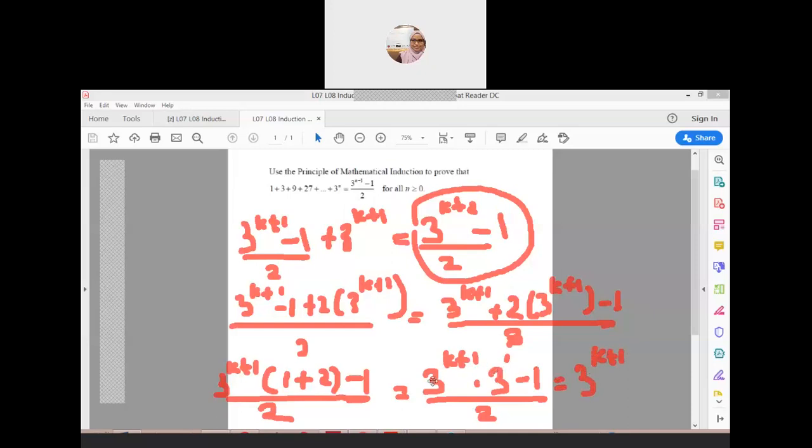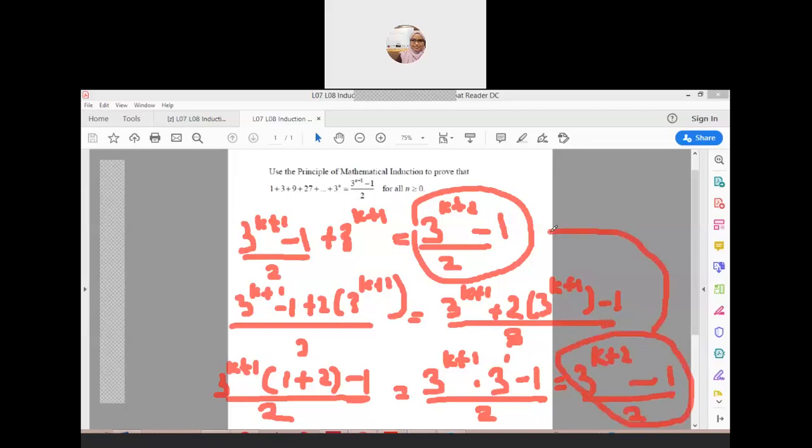Kalau dia darab, bawah basis dia sama, so dia akan tambah 1, tolak 1 bahagi 2. Dan dia ialah 3k tambah 2. 1 tambah 1 kan akan jadi 2. Sorry sebab space tak cukup. Okey, ni akan jadi 3 tambah 2 tolak 1. So sekarang kita nampak tak yang ni sama dah.